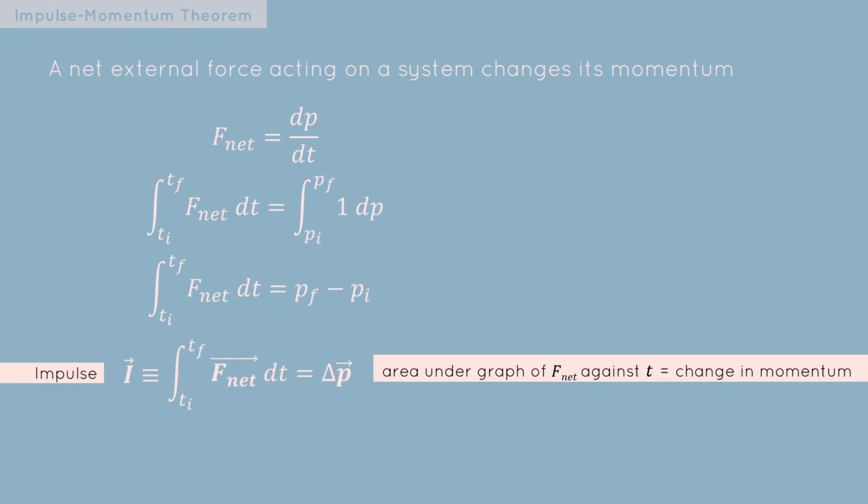So if I were to give you a graph with the y-axis being net force and the x-axis being time t, then if we find the area under the graph for a time interval, that will give us the change in momentum for that time interval. If net force is constant, then you can just reduce it to net force times t equals the change in momentum.